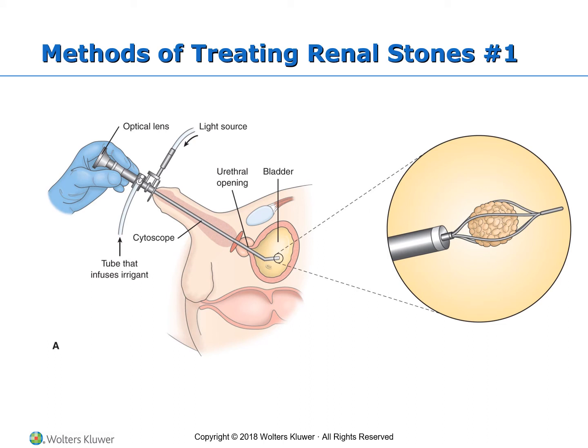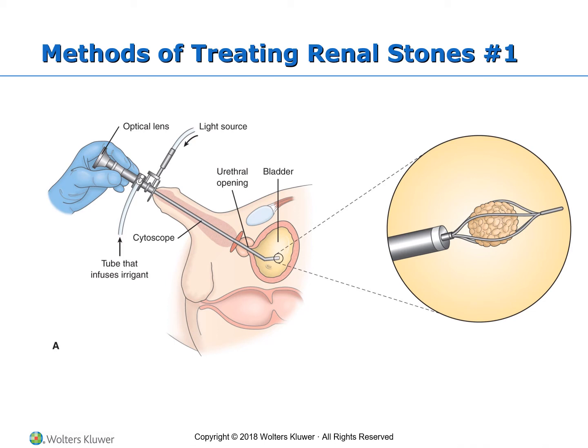If you want to treat renal stones rather than letting them pass, either they're not passing or the stone is too large for them to pass, then they can actually go in and break the stones up or retrieve the stones. So in this first image, the physician is using a scope. They're taking the scope and inserting it into the ureter, and then a laser is inserted after that, and the stone is destroyed using the laser or ultrasound waves.